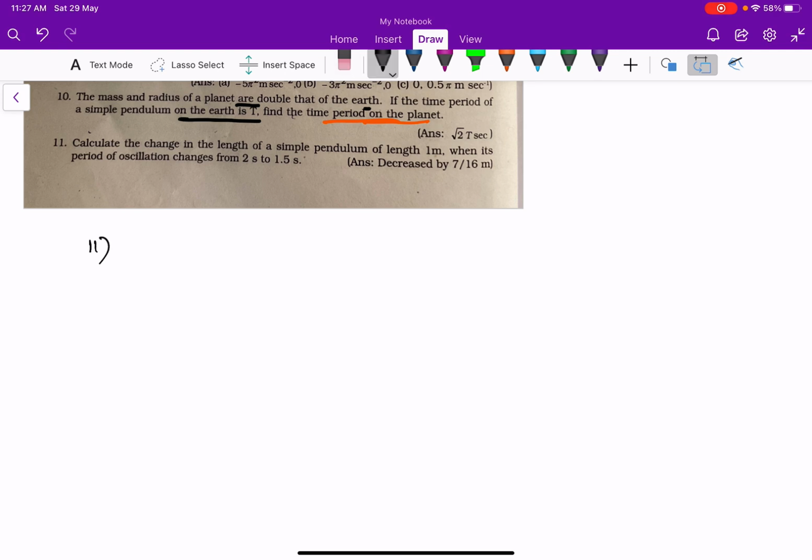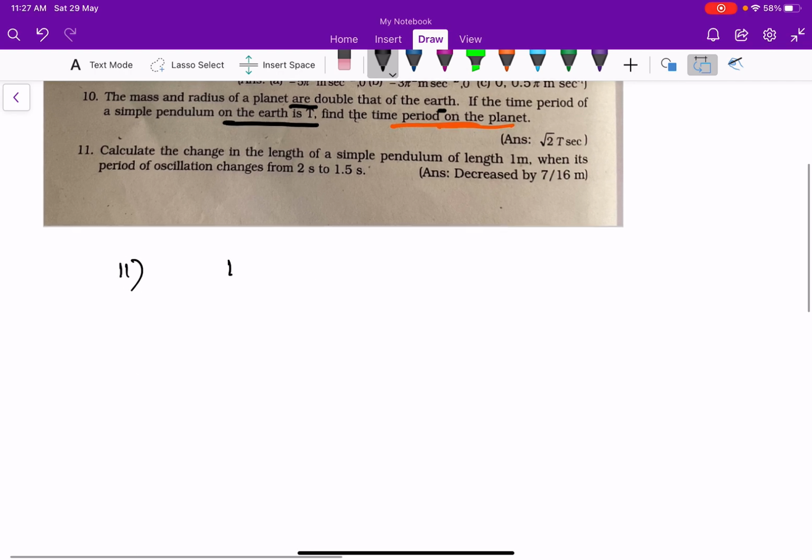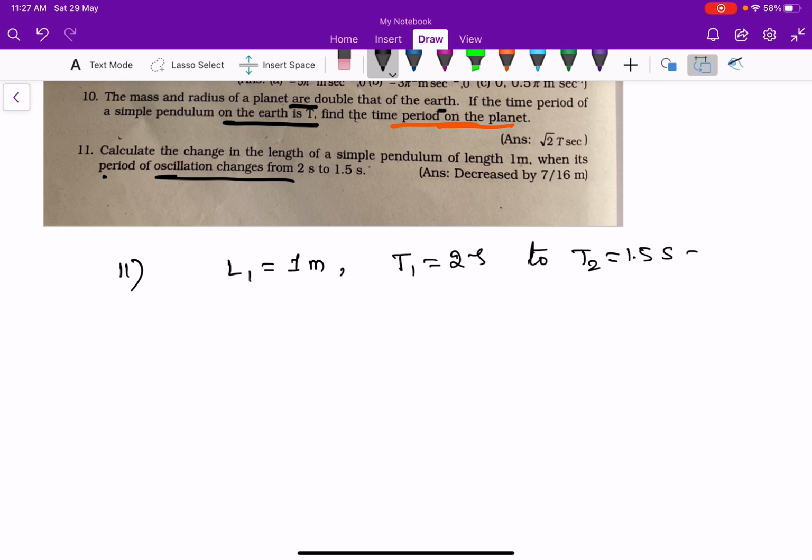Here, calculate the change in length of the simple pendulum of initial length L1 equal to 1 meter, when its time period of oscillation changes from T1 equal to 2 seconds to T2 equal to 1.5 seconds, that is nothing but 3 by 2 seconds.